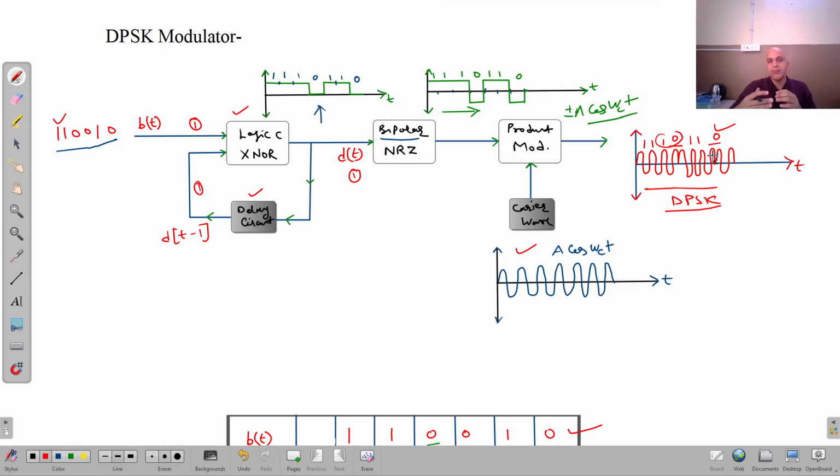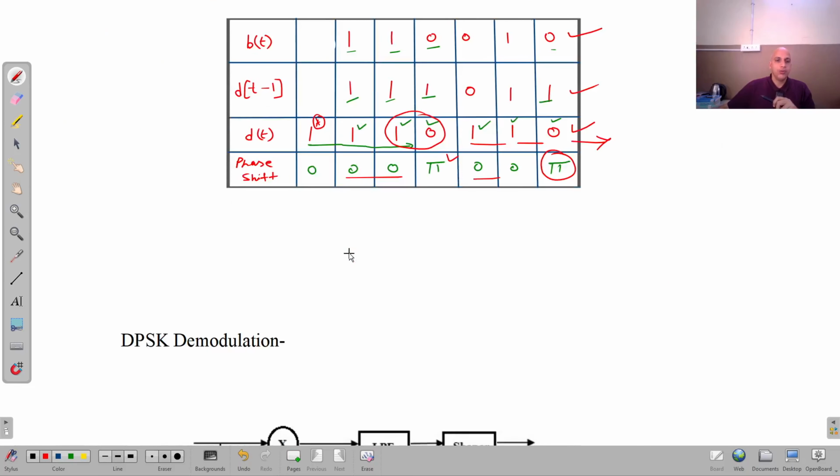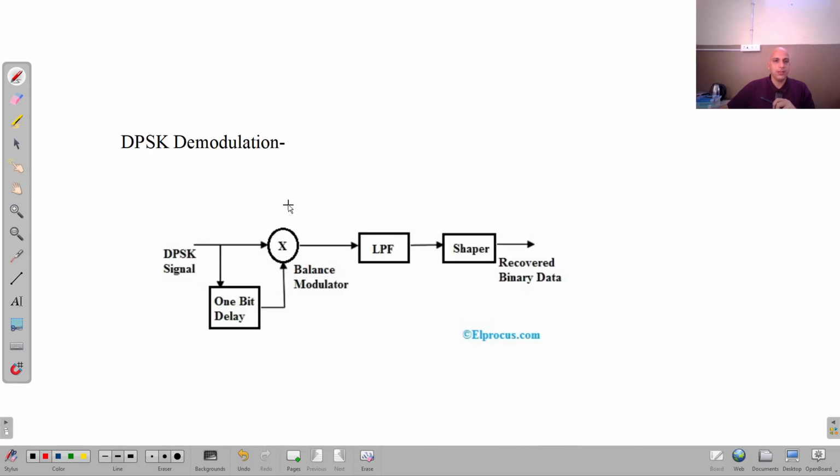Now the next step, and the important thing, is how to extract this signal at the demodulator, because it was invented to remove the problem of coherent detection. So now I am going to explain how this signal is detected, right? For demodulation, you can see here the diagram, the process that is followed at the detection center. This is the DPSK signal that is coming from here.